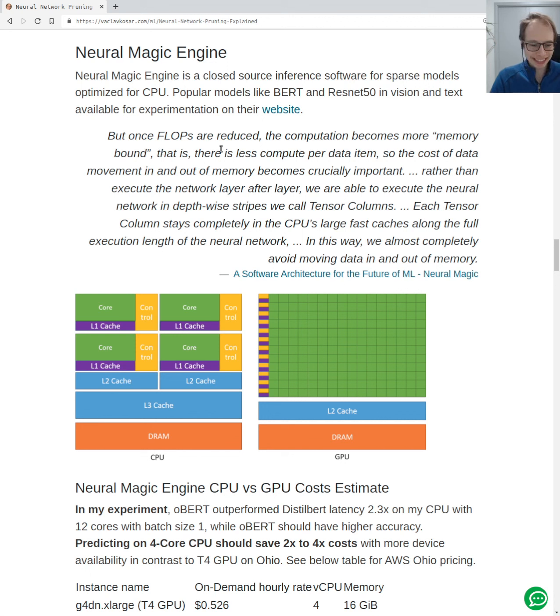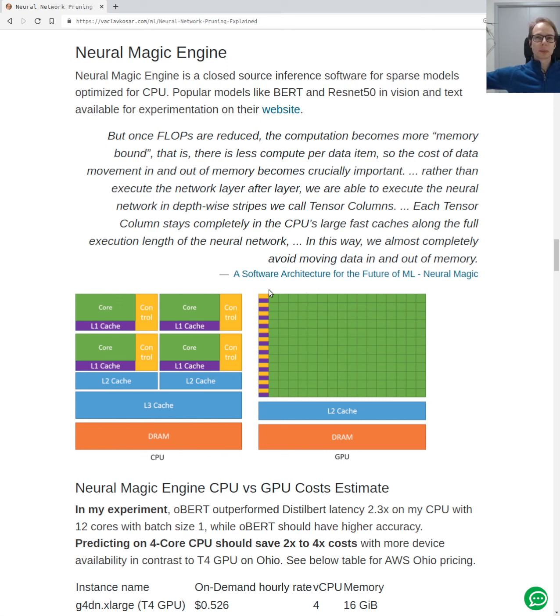And how does it actually work? So there's this image of comparison of CPU and GPU, the cores, the size of the cache. To compare, GPUs are optimized for doing large matrix multiplication, so you distribute the task across many cores.